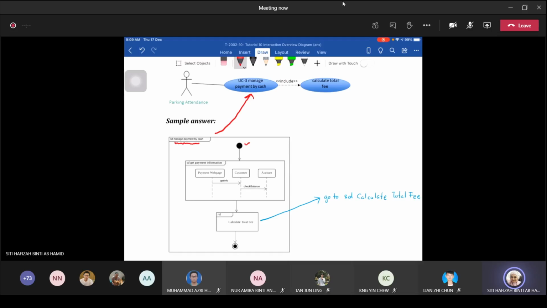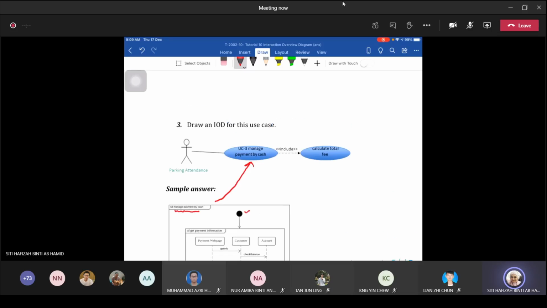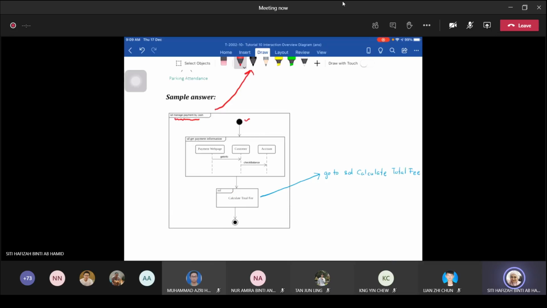Again, since I do not know what's inside, I just assume. So I got this payment web page, and then go to the customer table, and then checks the account. This one is just my assumption.